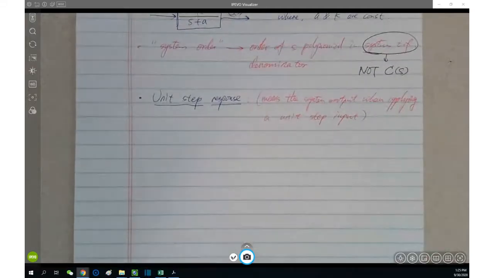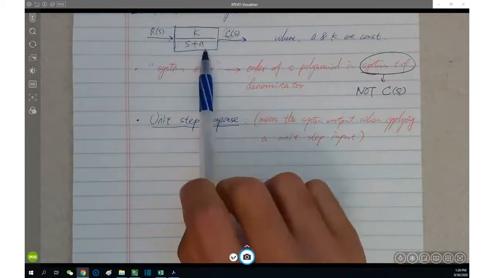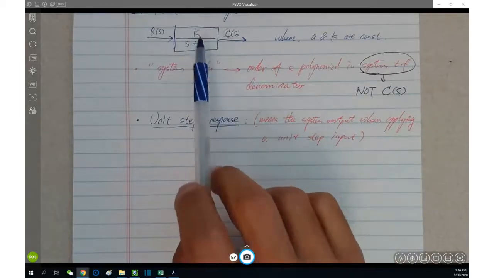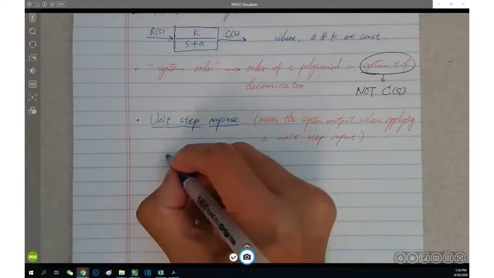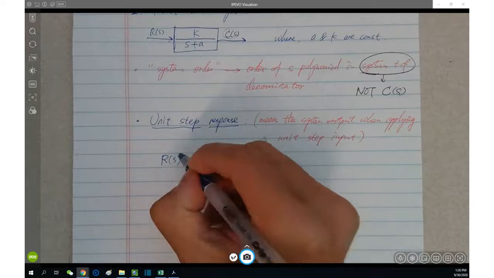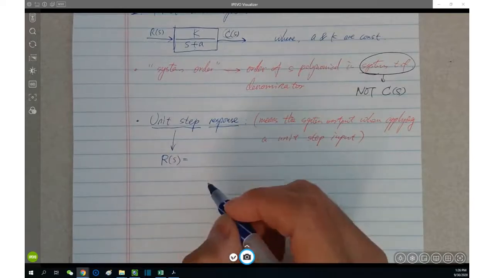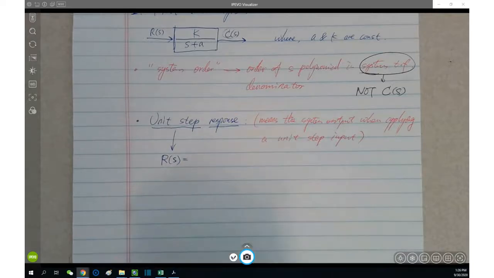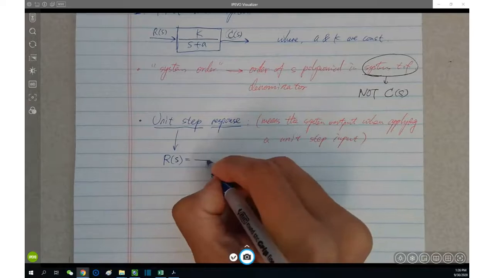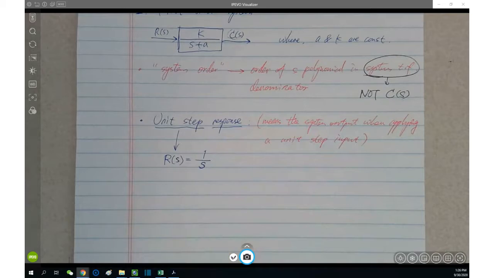Now let's see the unit step response of this guy. Given the system transfer function, we should be able to find the output, right? So first of all, what does it mean by unit step input? In the S domain, of course, R of S equals a constant over S. The constant is nothing but 1, right?